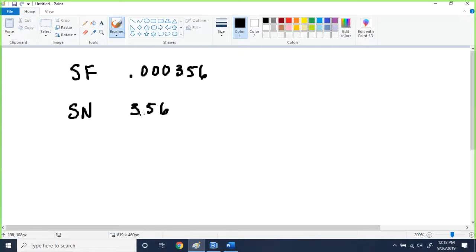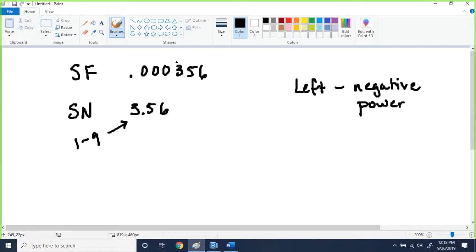Place my decimal between the numbers where the number on the left will be between 1 and 9. This is a very small number, so I'm going to be moving to the left and have a negative power. Okay, so my new decimal here, I'm moving out 1, 2, 3, 4, times 10 to the negative 4.